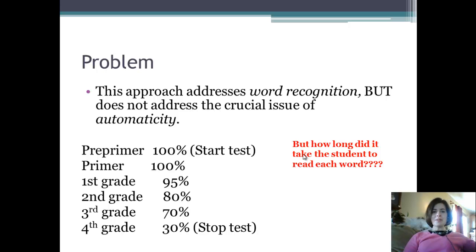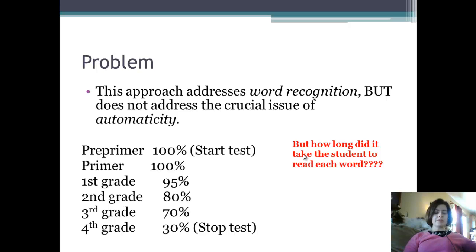Well, some of us started out and we would have to figure out every single multiplication fact. 2 plus 3, and we'd have to think about it. 2 times 3, 4 times 3. But after a while, it became automatic, or hopefully it did, so that all we had to see is the fact and we knew the answer. We didn't have to do any kind of decoding or any kind of problem solving. That's what we want students to be able to do. We want them to be able to identify as many words as possible automatically.